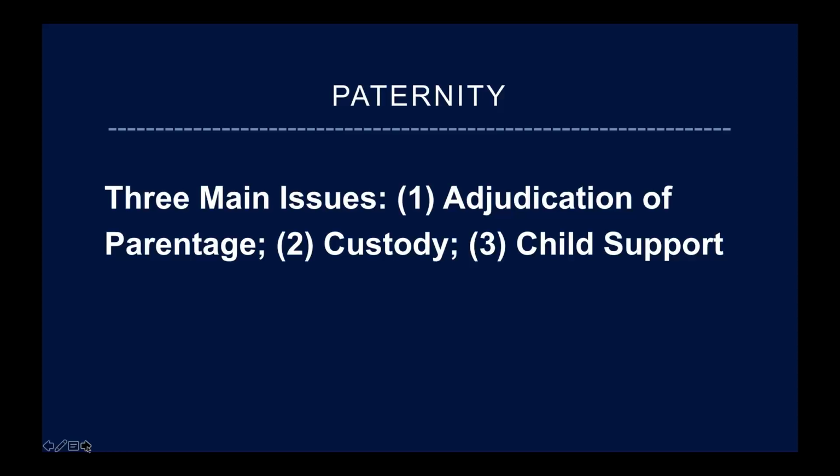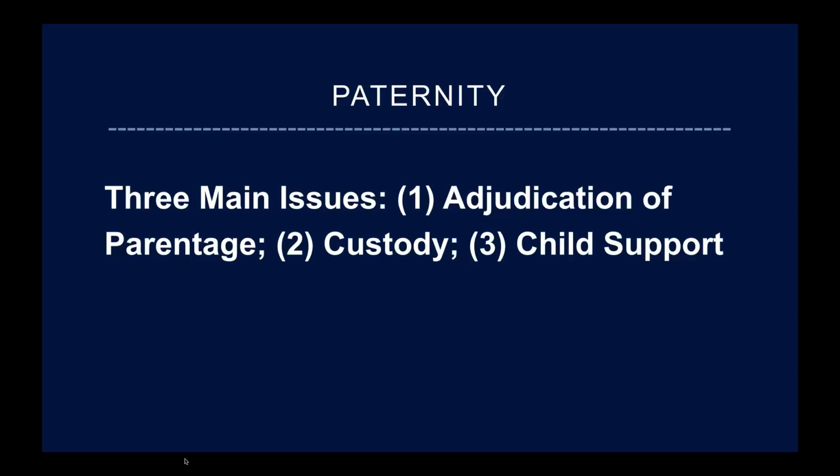So we talked about divorce, and we probably did spend about 80% of our time together, 75%, talking about that. The next type of case that is involved in family court is a paternity case. And there are three main issues that we deal with in any paternity case. There's the adjudication of the paternity of a child.